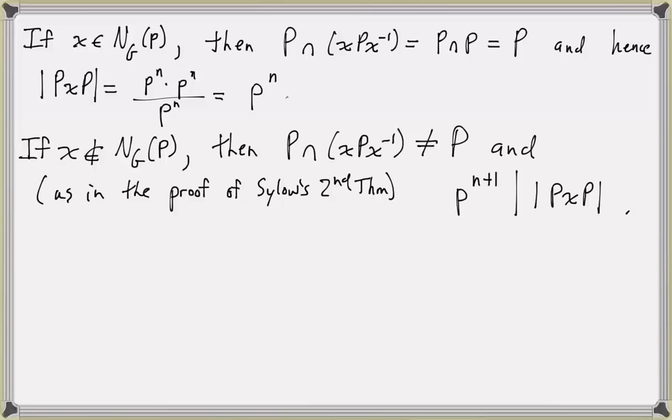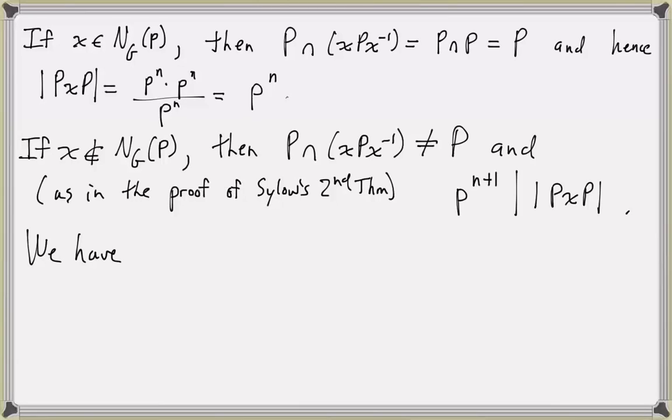Again, this follows because P intersect xPx inverse is a subgroup of P, and therefore its order must divide p to the n, but its order can't equal p to the n. So then in the formula, we can deduce that p to the n plus 1 must divide the order of the double coset PxP.